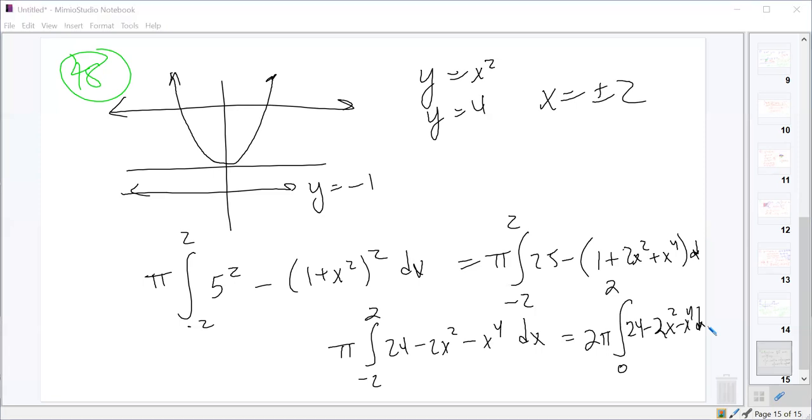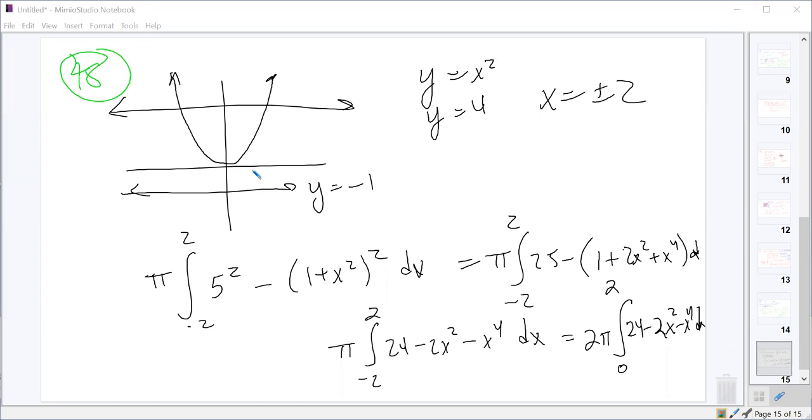Any questions there on 48? Everybody okay with 48? And then the next person's question is related to when do you know when to use 2 pi with half the interval, like number 48. Oh, like this one. Yeah, so I don't know, did that answer your question? Anytime it's symmetric across the y-axis, you can just do 0 to one side and then just multiply it by 2.